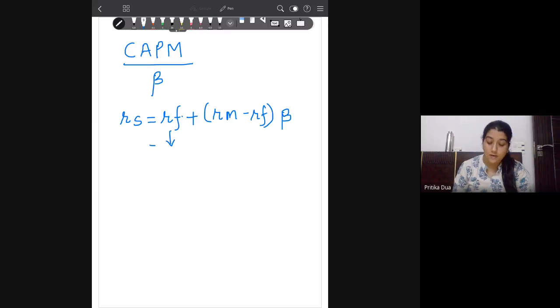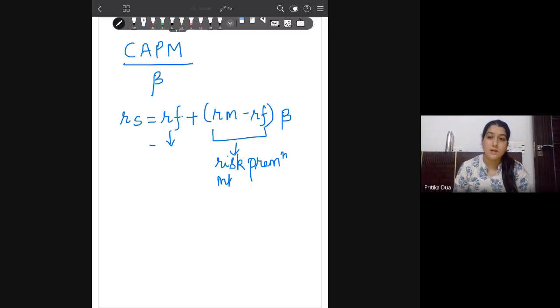Whereas if you move from a risk-free security to a market security, then you earn some premium. This is the risk premium, or the market premium that you are earning, which is the difference between the market return and the risk-free rate of return.